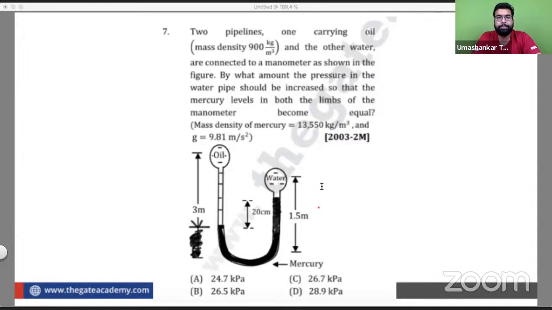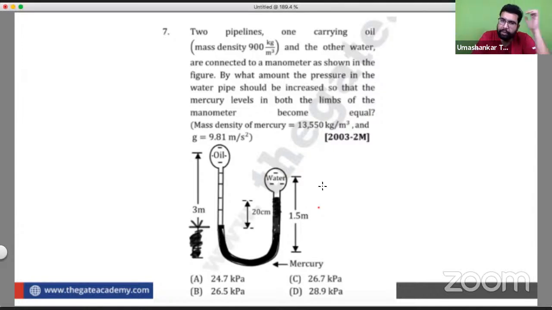Any answer? As I said, we can do any question by this concept. No problem. Very nice, Prasanna. Very nice. Correct answer you have given to me. Very good.